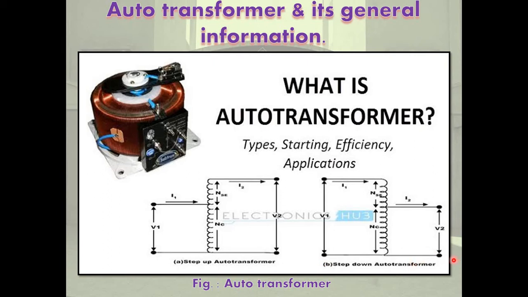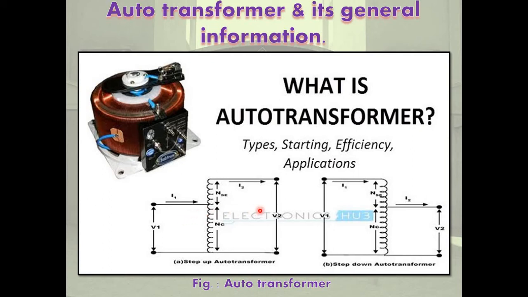Now, what is an auto transformer? In an auto transformer, a single winding is used for primary and secondary circuits. The volt ampere of primary winding is equal to the volt ampere of secondary winding.